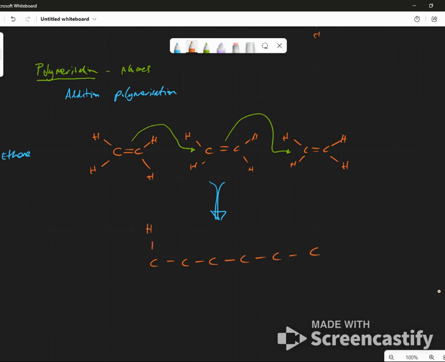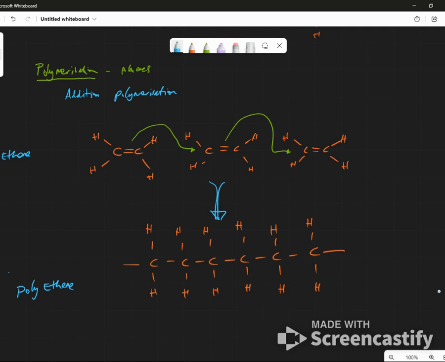All right, and we get this guy. The thing about organic chemistry, as I've said a million times, is hydrogen atoms. They go on forever, don't they? There we are. Now, this new thing is still called ethene, quite weirdly, because it's not an alkene anymore, but we call it polyethene.